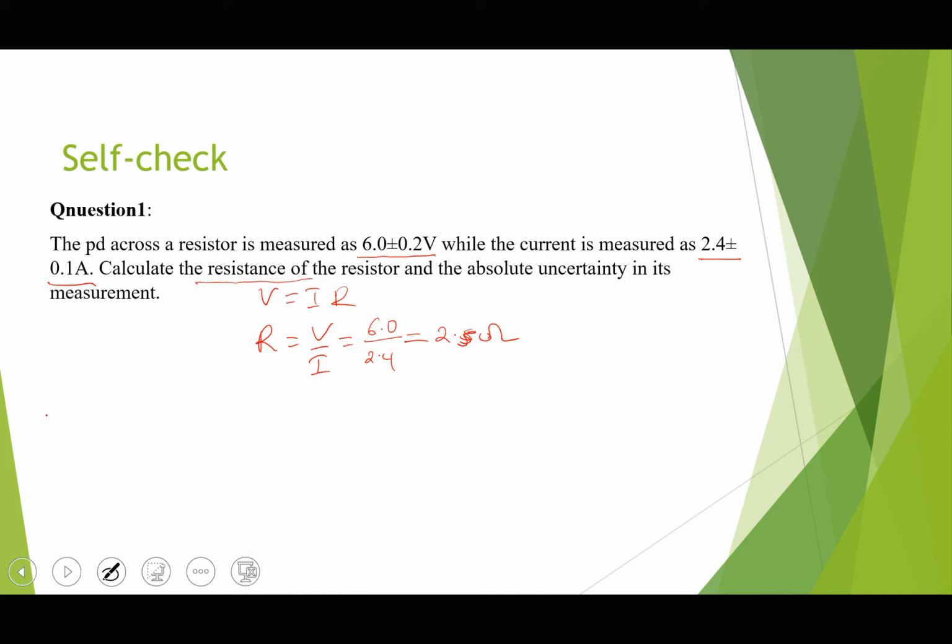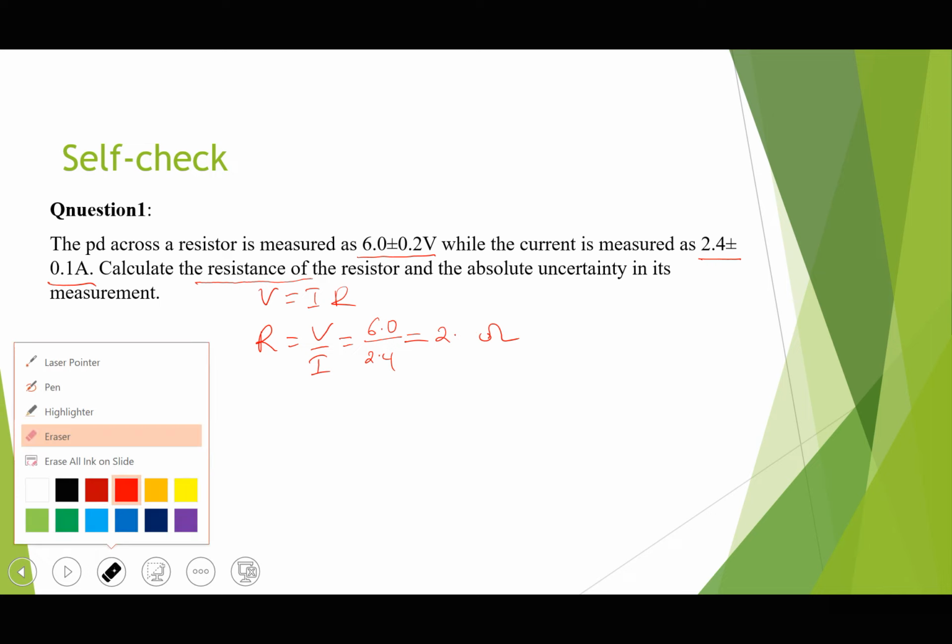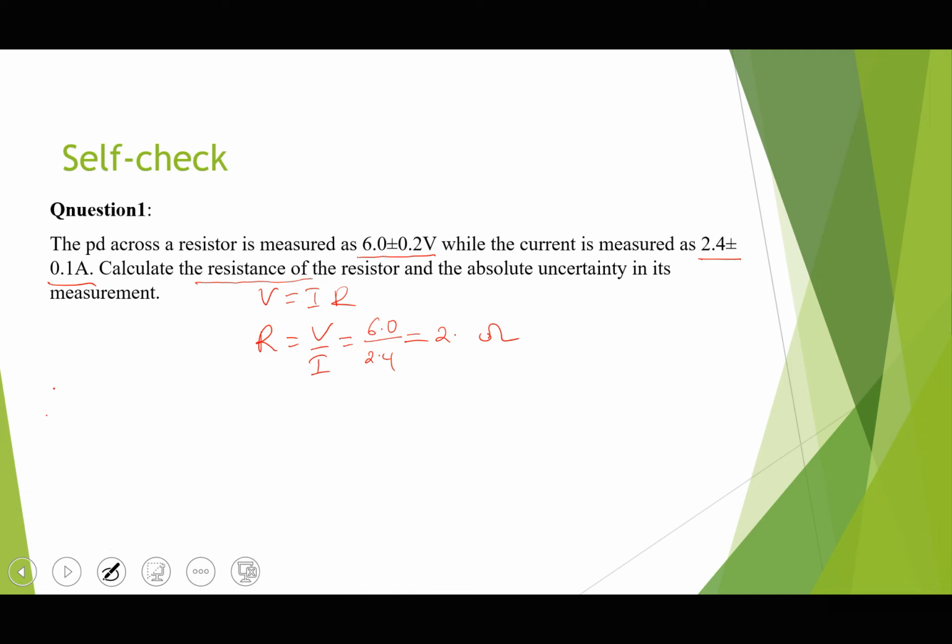Do I have an eraser here? I don't think so. Okay, I have an eraser. So this is 2.5 ohms, the true value of the resistance.